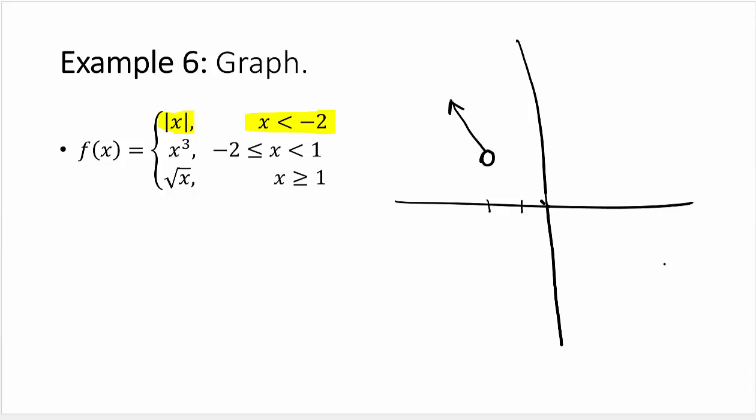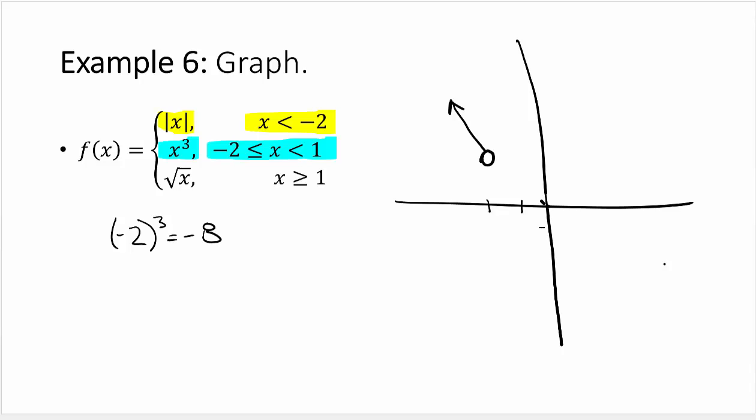If we look at the second piece, this is defined now to be x cubed when x is greater than or equal to -2 and less than 1. So again, this is that cubic that we saw in the last example. I know if x is equal to -2, -2 cubed would give me a -8, right?